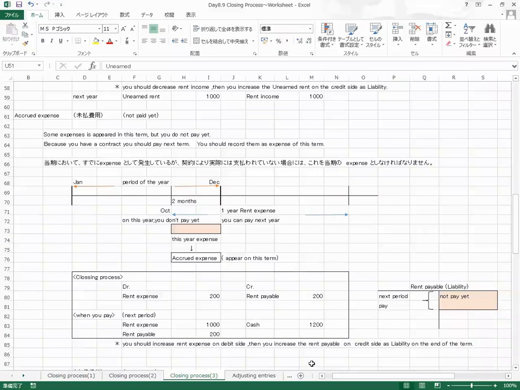So, is it okay for you? In fact, you do not pay 200 as rent expense in this term. ここでレントエクスペンスをアピアさせるんですね。 Just appears.